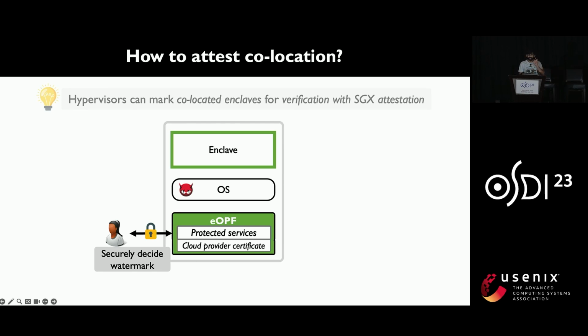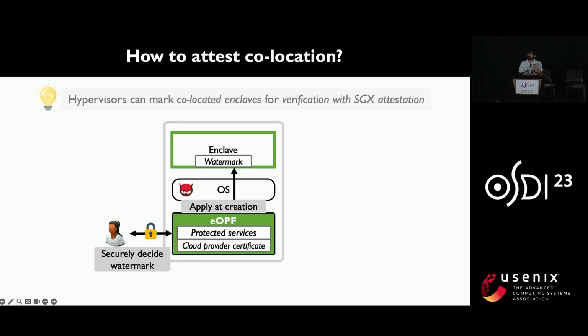Once this channel is established, the user will then negotiate a watermark with the framework. This would be a random and unguessable watermark that will be known only to the user and the framework.